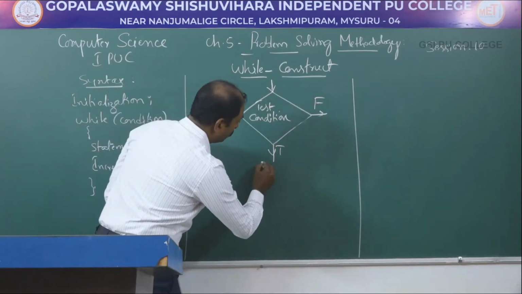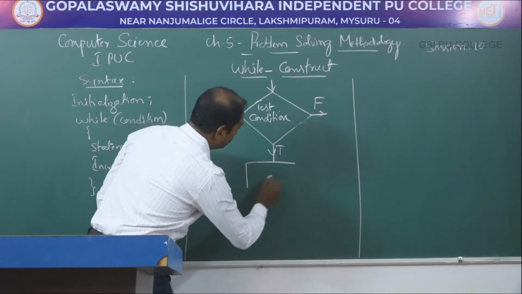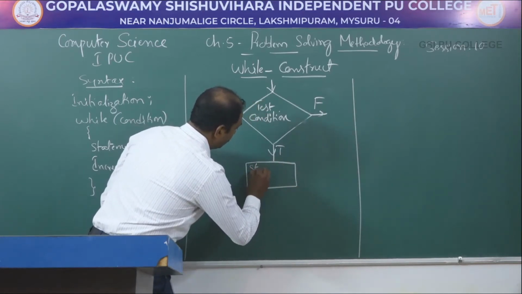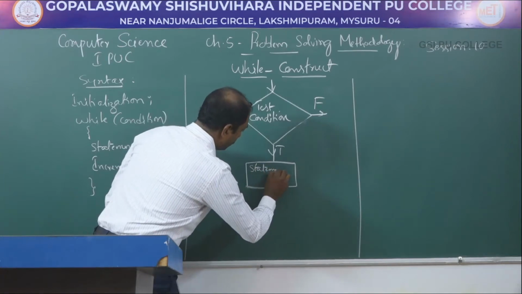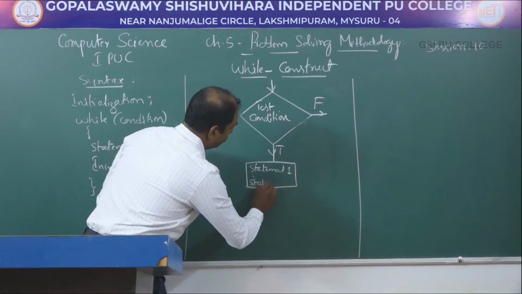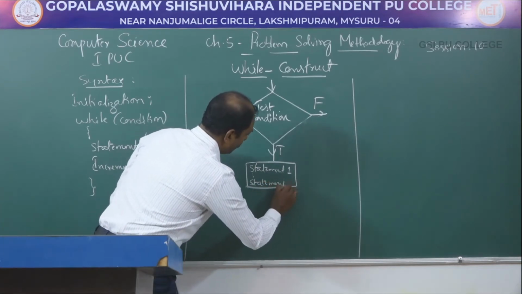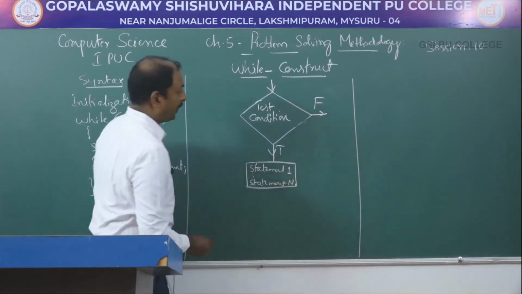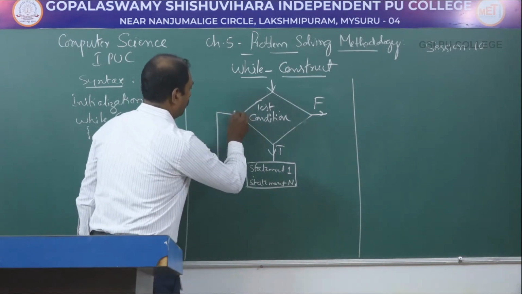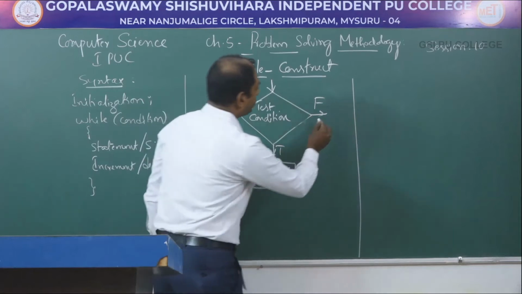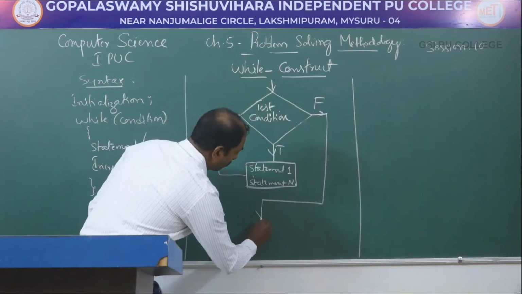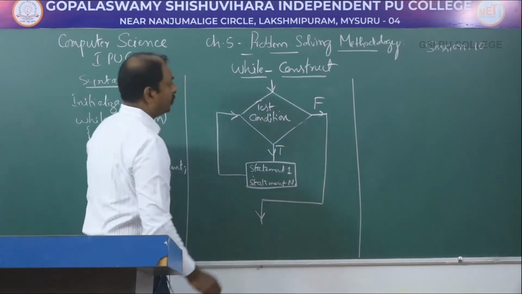If it is true, it executes the statements: statement 1, and so on up to statement n. Then, if it is false, it will come out of this while construct.